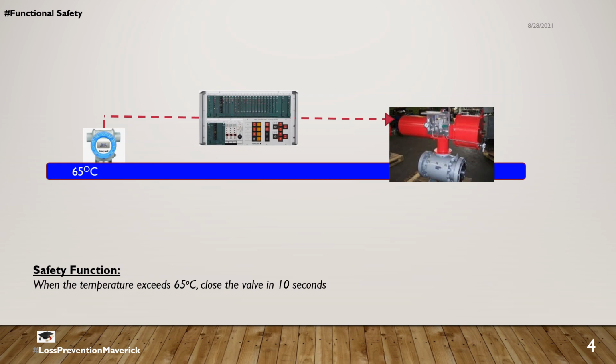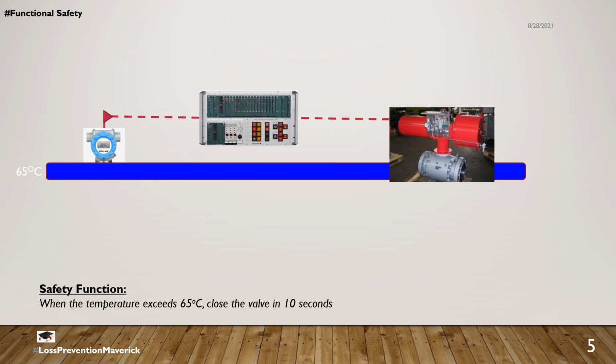The SIF has now executed its function, and that particular state is called a safe state. This is the second state of the SIF. We spoke about the first state, which is called the OK state, and the second one is the safe state. Till now we have seen two states, the OK and safe state, and now it's time to look into the third state, so let's see what the third state is.